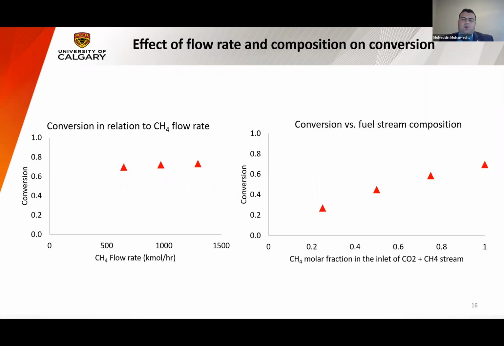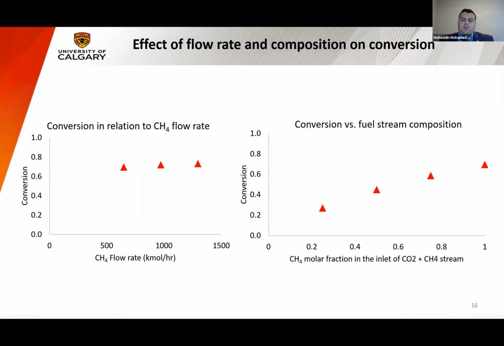For the results part, we looked into the effect of the fuel stream composition on the conversion, as well as the fuel stream flow rate on the conversion. We can see that the fuel composition matters. The conversion increased from 27% to 74% when we increased the methane molar fraction from 25% to 100% in the fuel reactor.